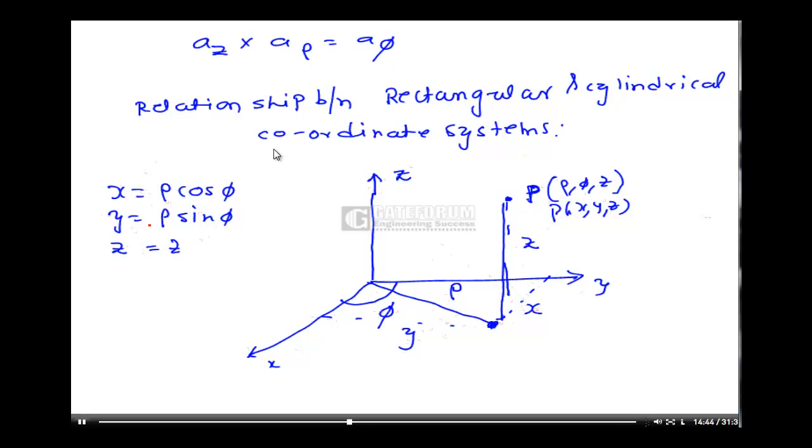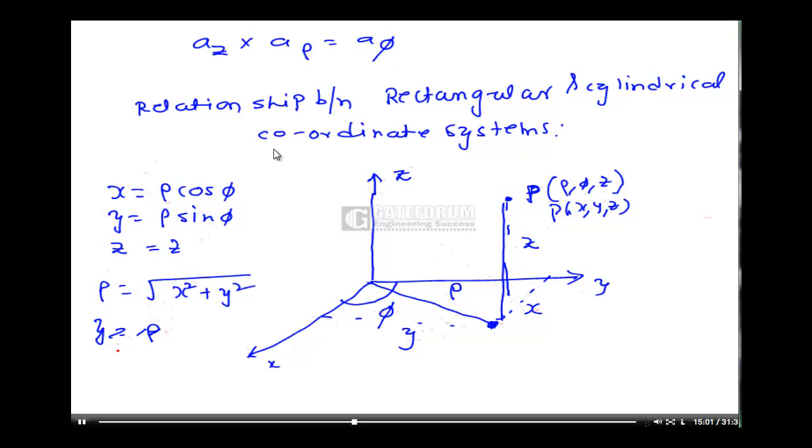Suppose you want to convert back: rho is equal to the square root of x squared plus y squared. Y is equal to rho sin phi, and we have to calculate phi.